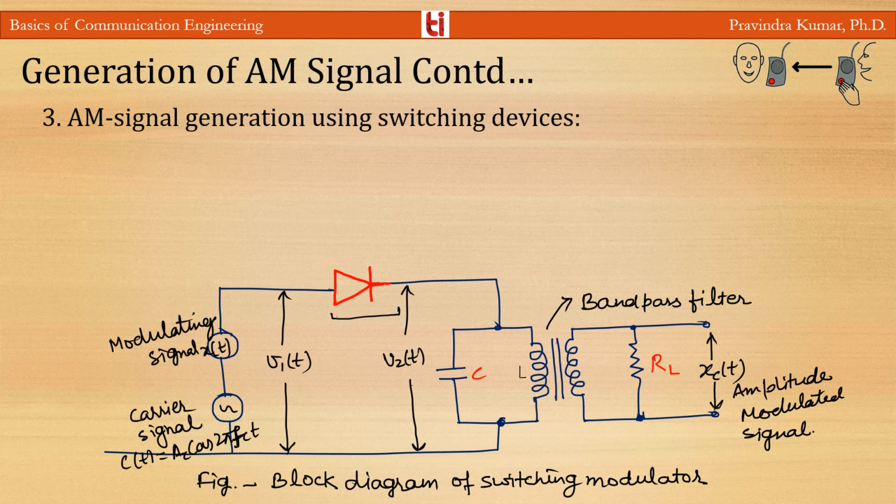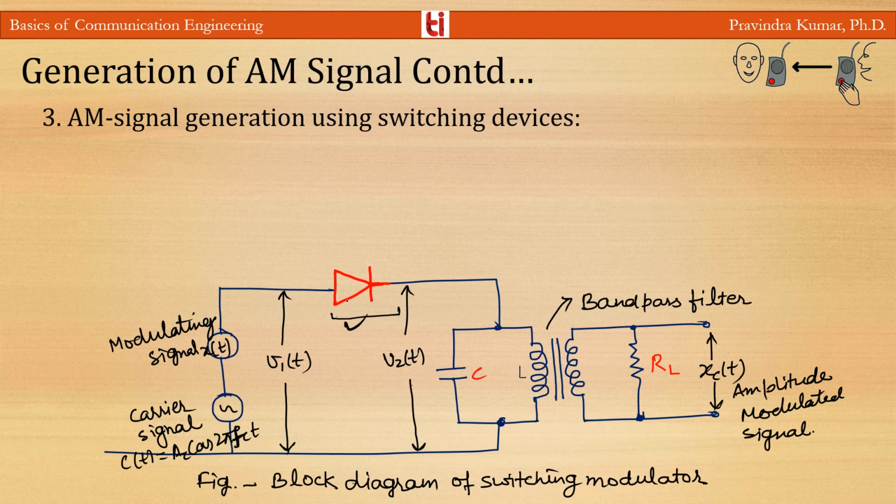The switching modulator is similar to the square law modulator we discussed previously in the first case. The only difference is that in the square law modulator, the diode is operated in non-linear mode, but here the diode is operated as an ideal switch.